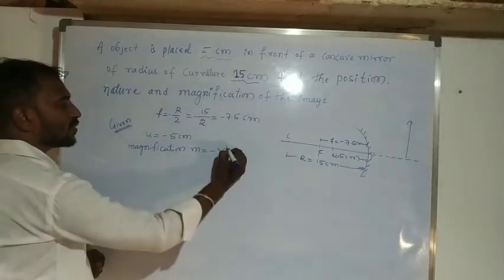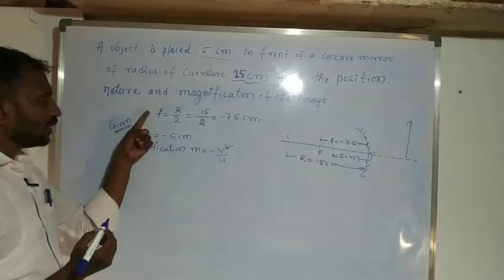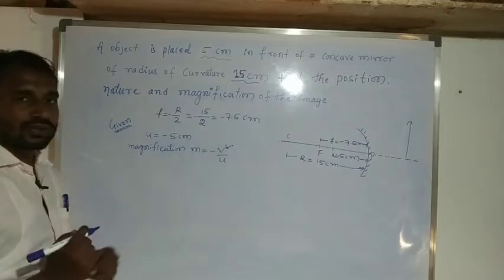So first we want to find out the image distance. Focal length is there, object distance is there, we want to find out image distance.